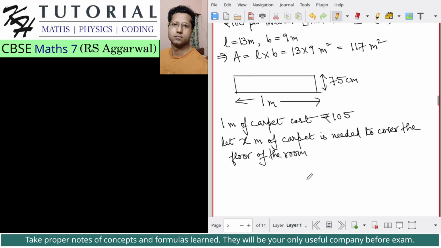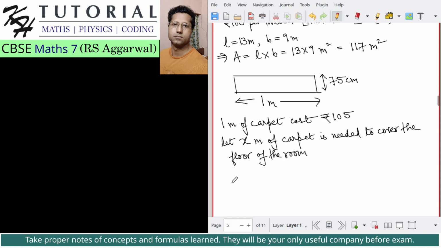So we are assuming that x meter of carpet is needed to cover the floor of the room. You can consider that the carpet is a roll, you can consider any length of the carpet, but the width of the carpet is fixed, that is 75 centimeter.